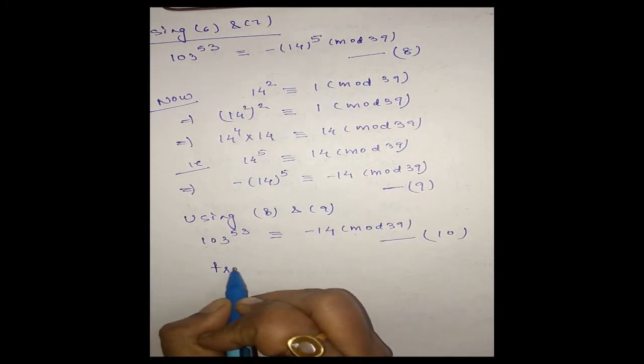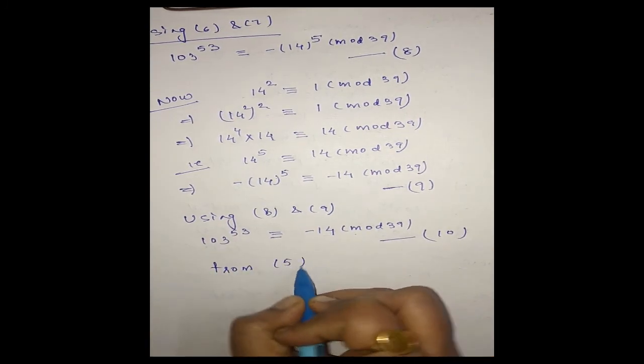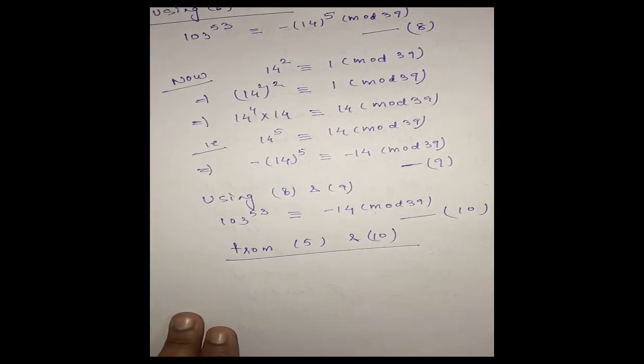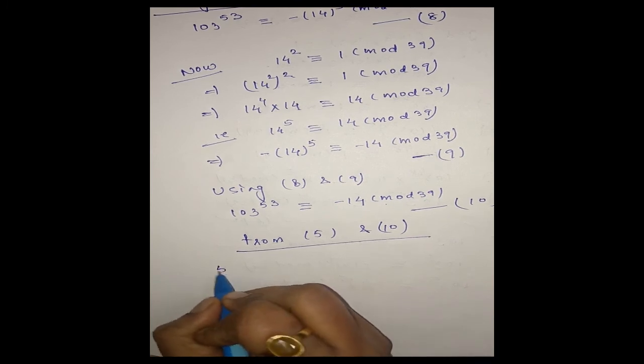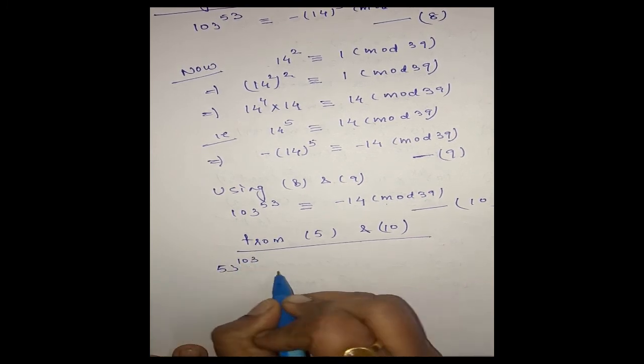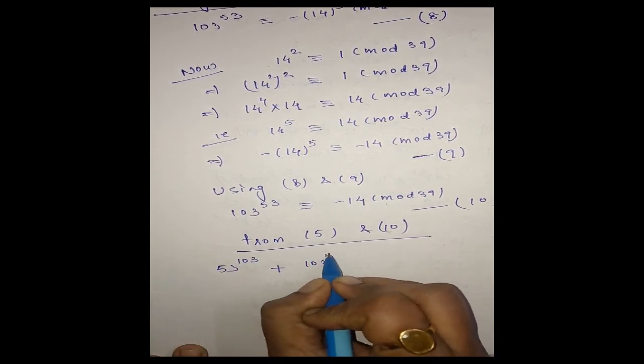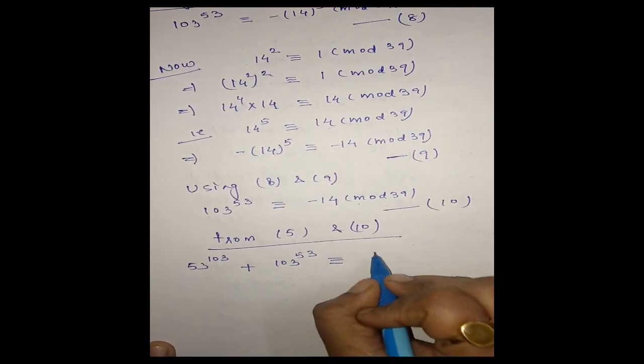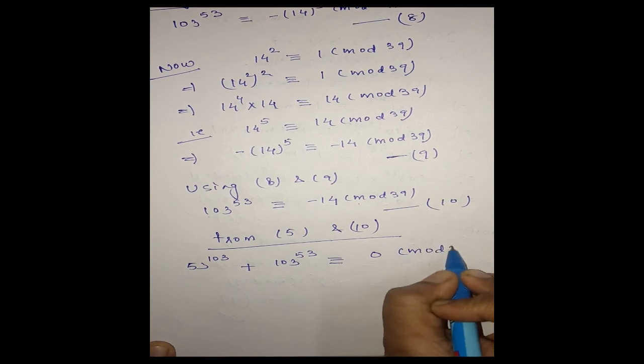Now from 5th and 10th, we have 53 power 103 plus 103 power 53 is congruent to 14 and minus 14, that is 0 modulo 39.